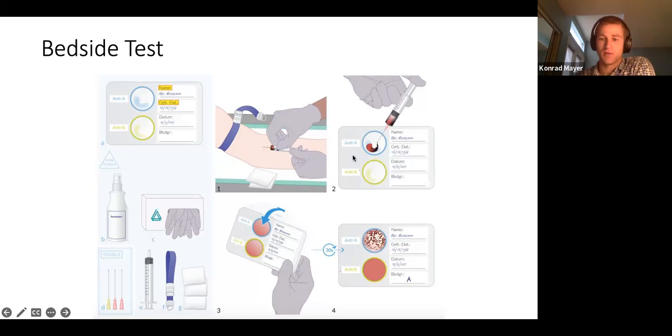But the important thing is that all tests are the same and that they have a field with anti-A antibodies and anti-B antibodies. A sample of the recipient's blood is dropped onto or infused into the pocket of each antibody group.